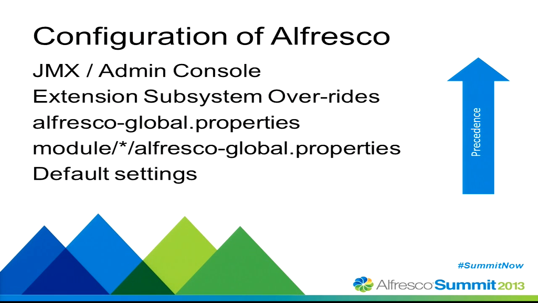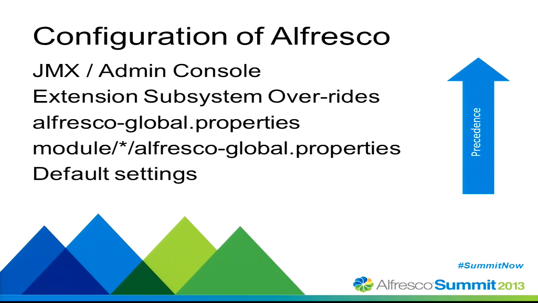For more complicated scenarios, for example, if you're connecting to two LDAP servers that require different settings, then you can put your files in the extension subsystem. And I'm going to explain what these terms are as we go along.